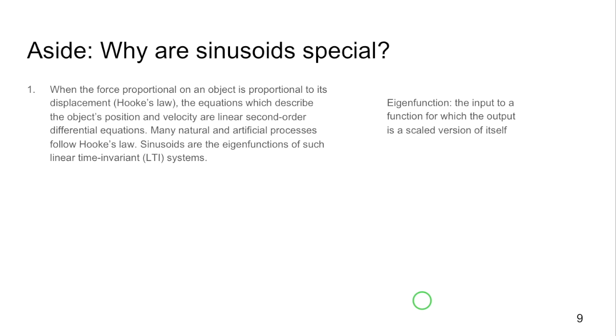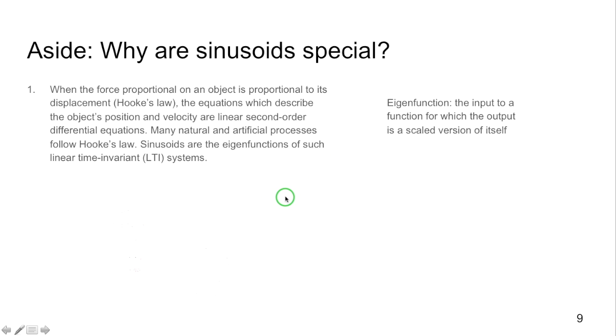And when Hooke's law is true, the equations which describe the object's position and velocity are linear differential equations. Or more formally, sinusoids are the eigenfunctions of linear time invariant systems, which is to say that they're functions for which the output is a scaled version of itself.